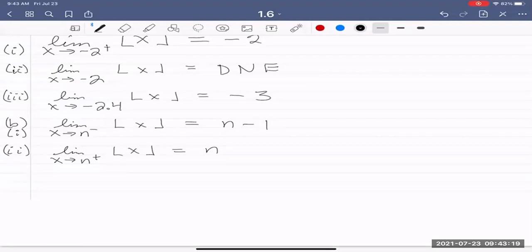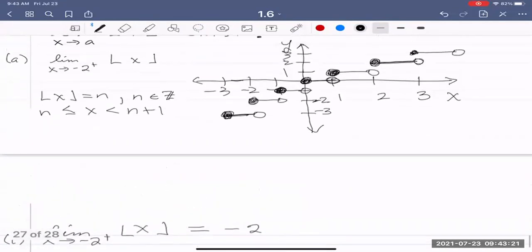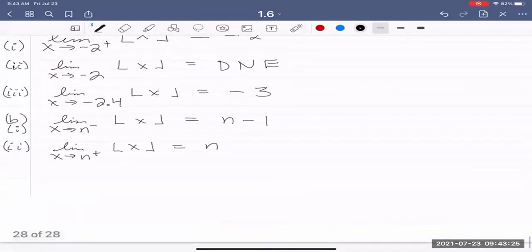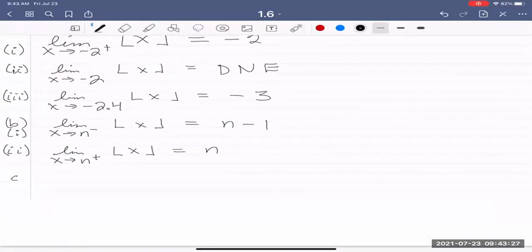Okay, so lastly, it just says part C. For what values of A does this limit exist? The limit as x approaches A, the two-sided limit. When does the two-sided limit exist?